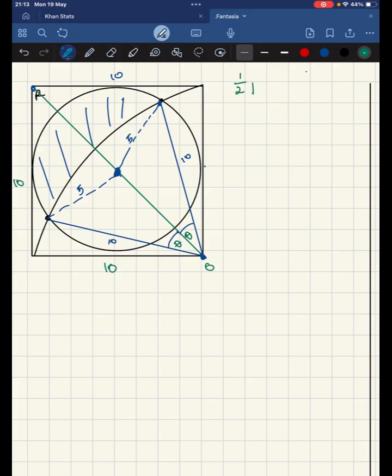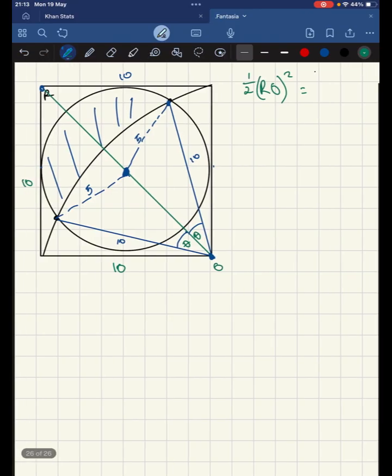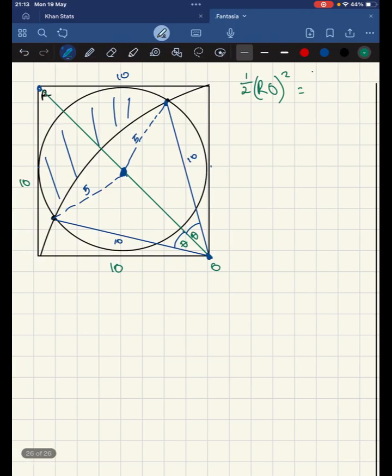Let's call this O. RO squared is equal to, what happened to my PMA? Okay, doesn't matter. We'll write it back. So this is going to be 10 squared plus 10 squared, right? And this is going to be 200.